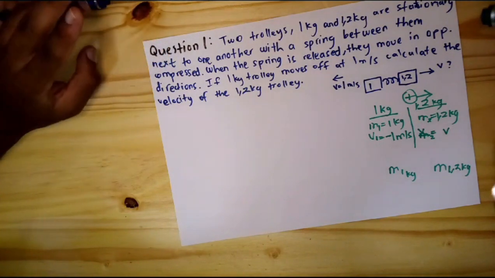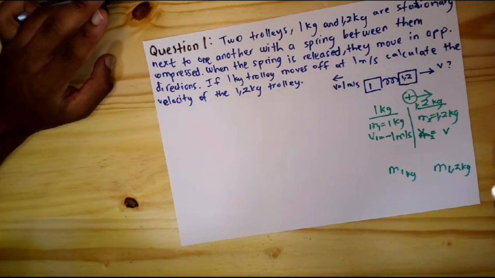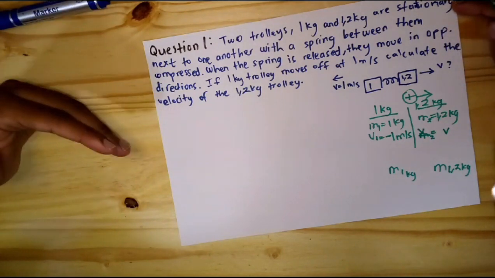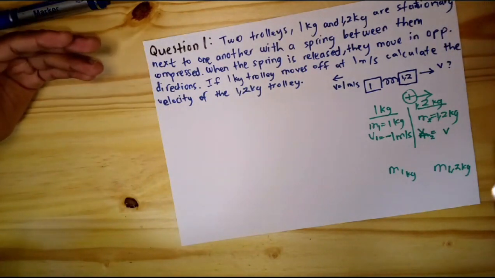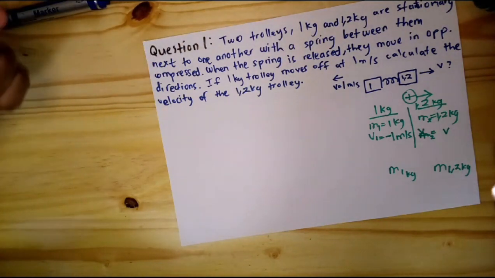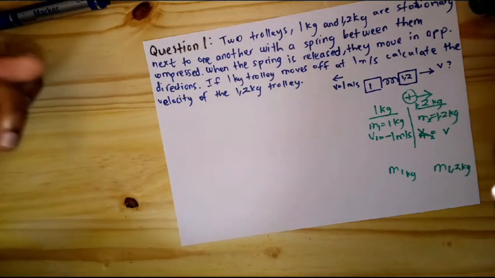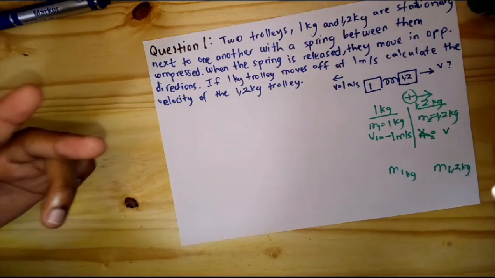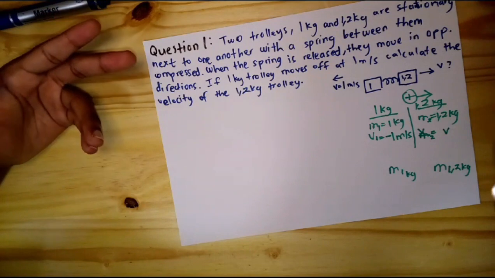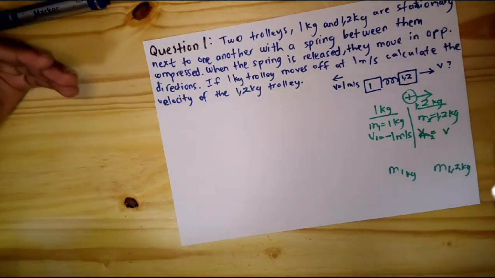Given those two facts, and the context of the question, given the two masses and the velocity of one object, it's possible for you to get the velocity of the other one. So they're telling you that.